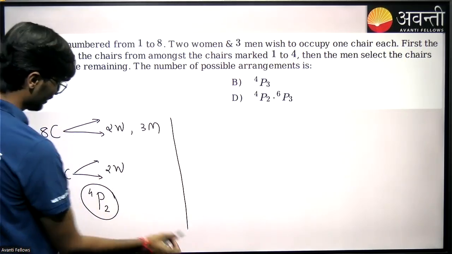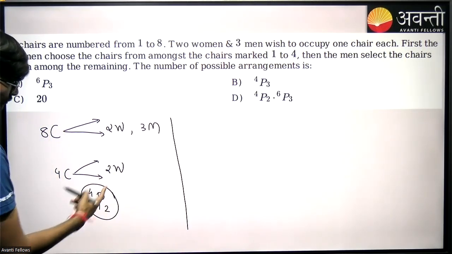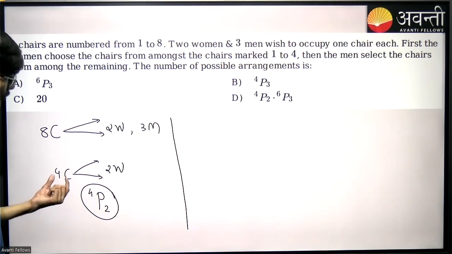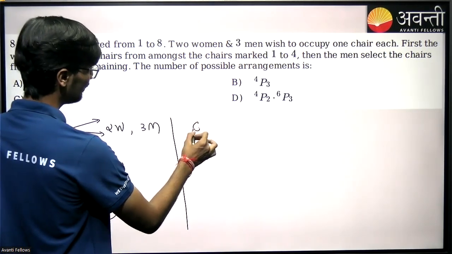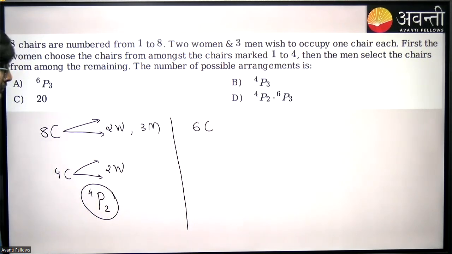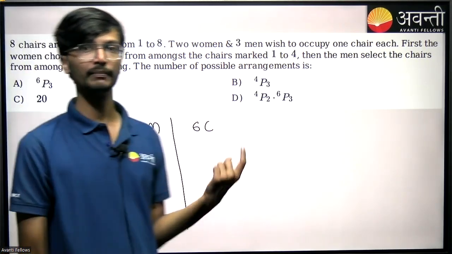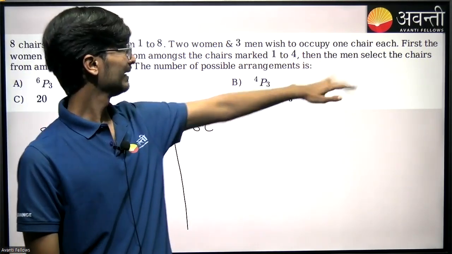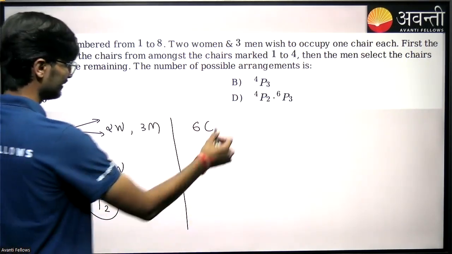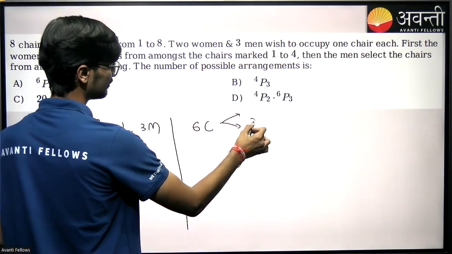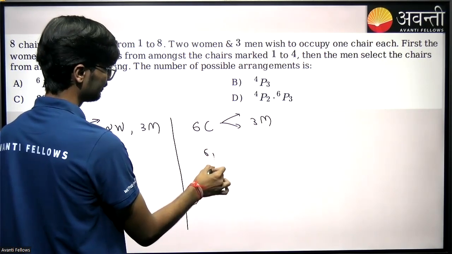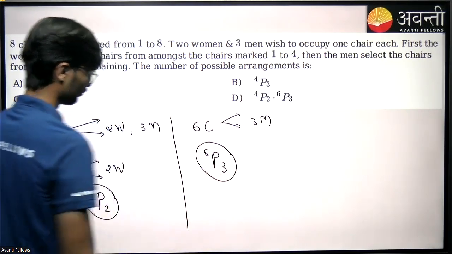Similarly, after this, 4 chairs, 2 women will be arranged. So number of chairs remaining will be 6 chairs, right? Because 2 are already occupied by the women. Then the men select their chairs. So 6 chairs among 3 men, which is 6p3. So what is the answer?